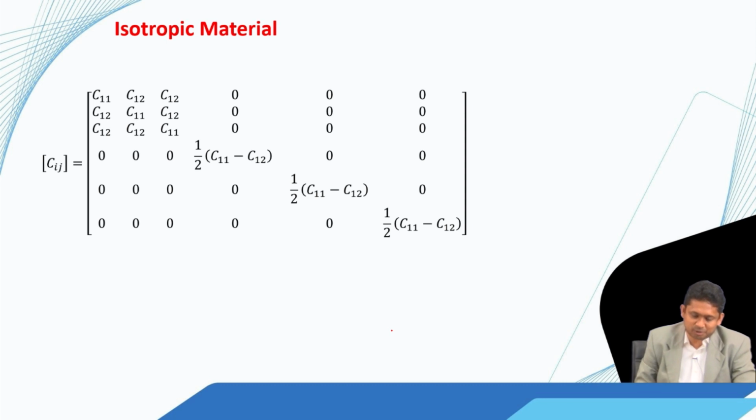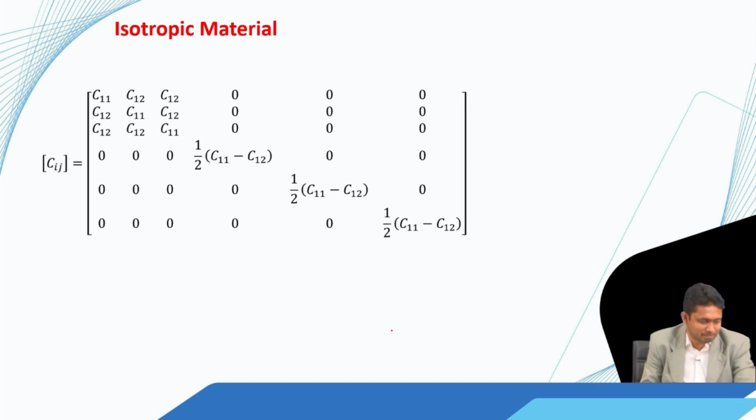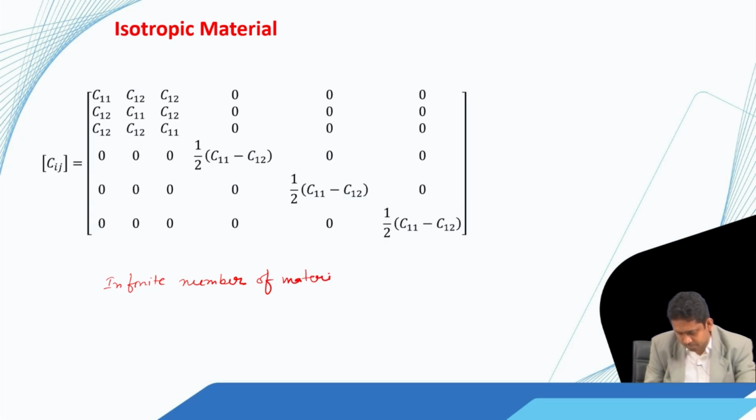Now, finally, we have the isotropic material, where we have an infinite number of material symmetries, and it has properties the same along all directions.